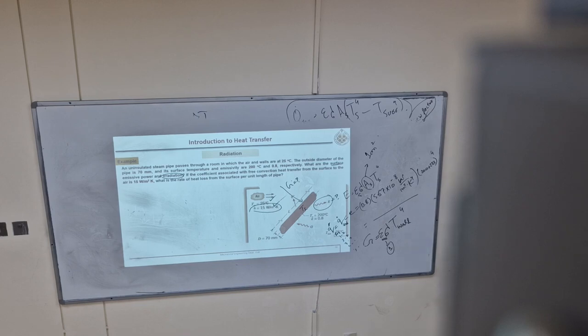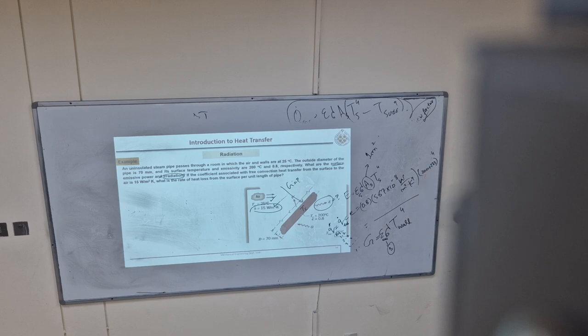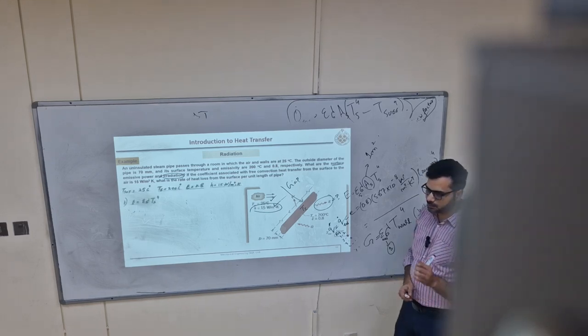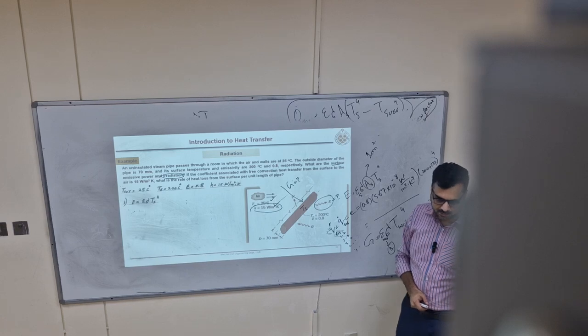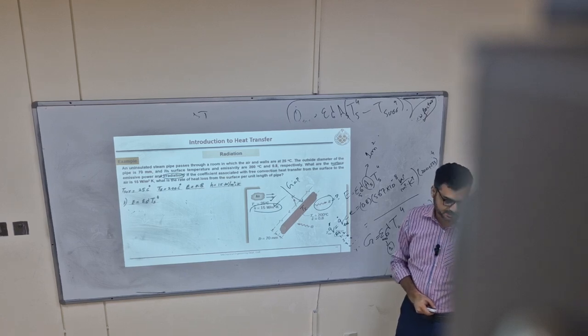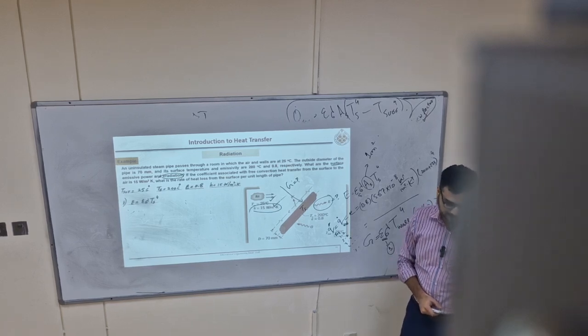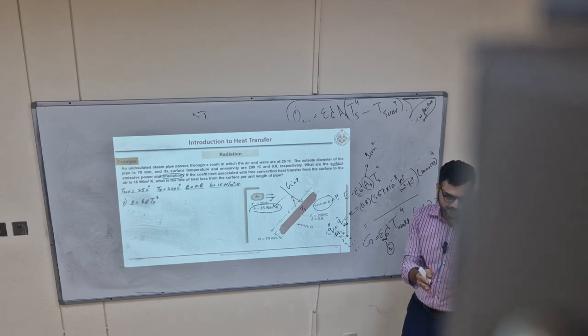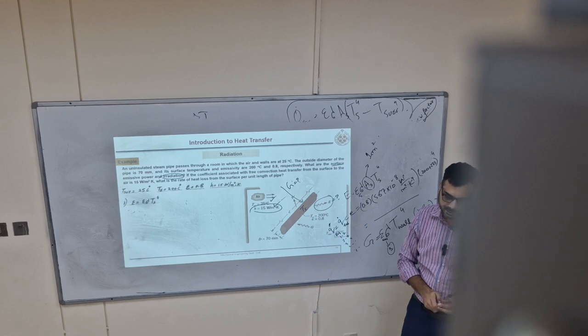Area is given, so it's simply multiplied by that area. We are calculating everything for watts per meter square, so if area is known, multiply by area. These are very important terms: per unit area in heat transfer and per unit mass in thermodynamics. If actual mass or actual area is not given, you are calculating for a unit mass or a unit area.